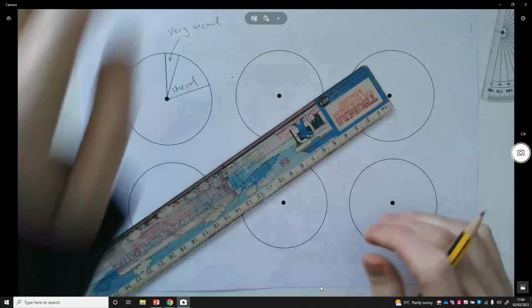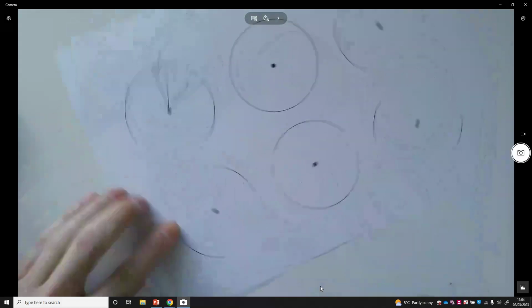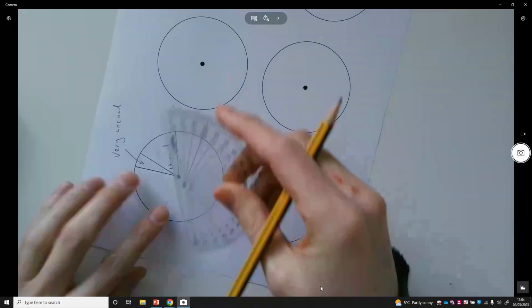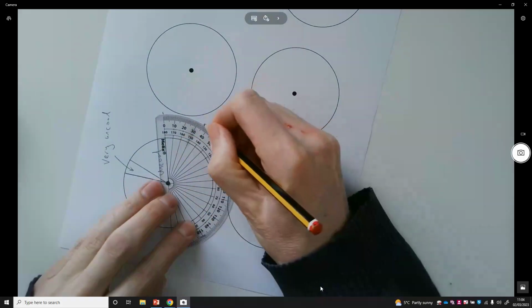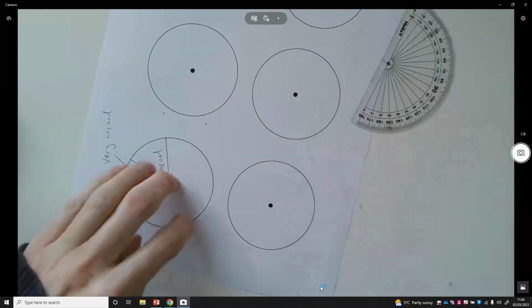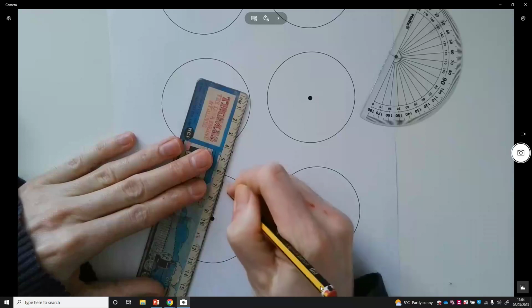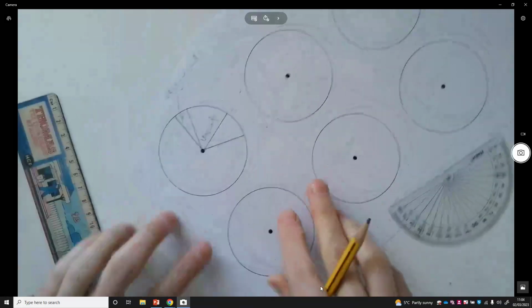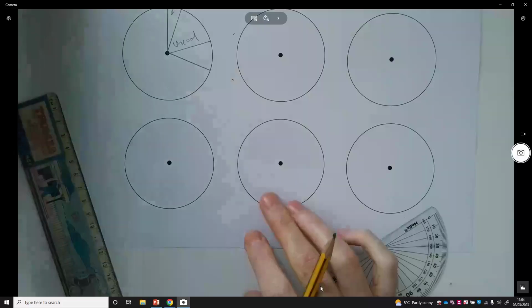Again, I'll rotate my pie chart to make it nice and centered, nice and straight. 36 degrees is here. And again, a nice line here. And this one was cool.